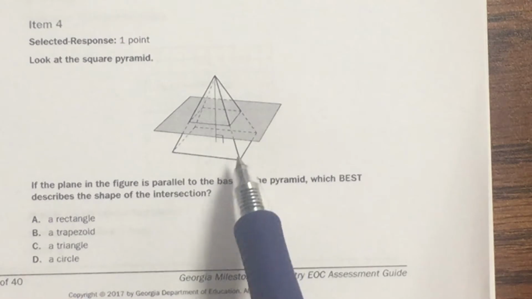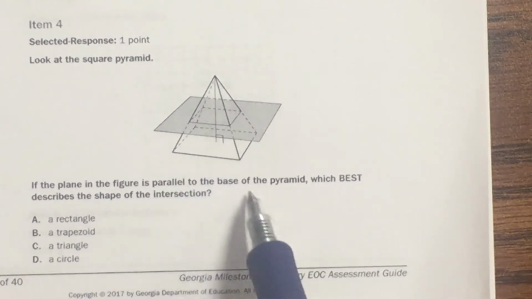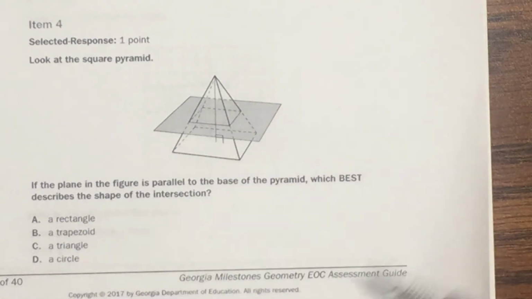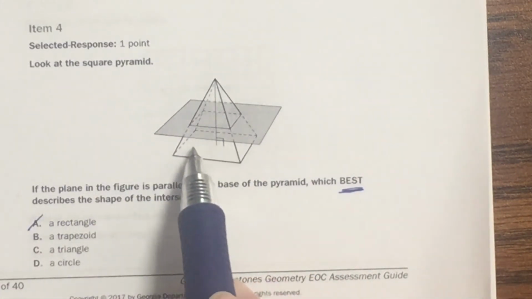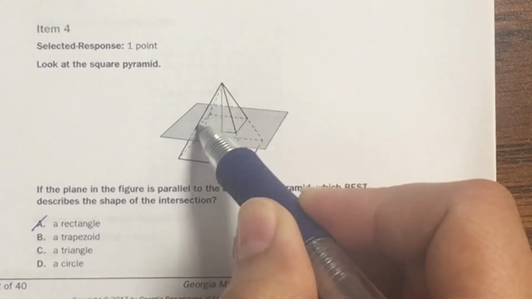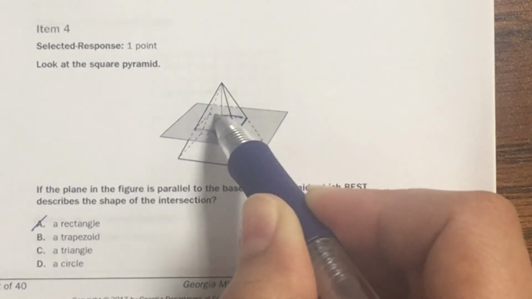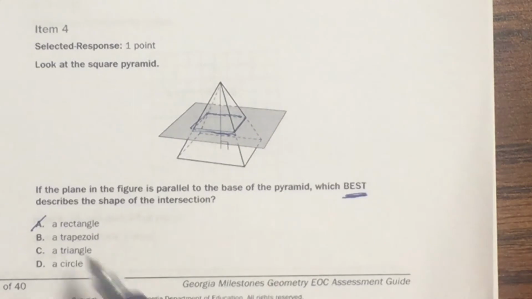Which best describes, I guess the word is best. So what is closest to a square between all of these options? It's going to have to be a rectangle, right? That's the closest thing that I have to a square, because it's a square pyramid, meaning the base should make a square, but it's close to a rectangle.